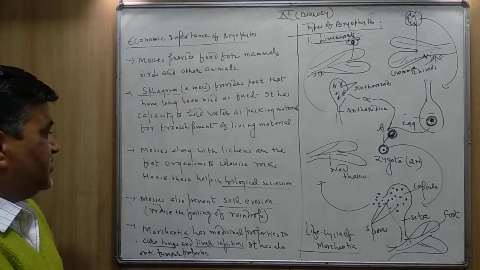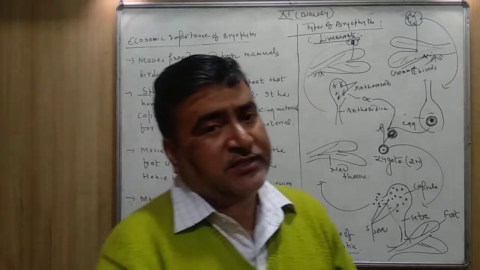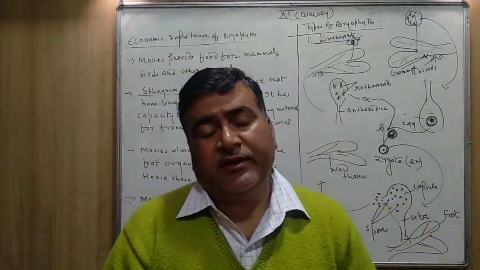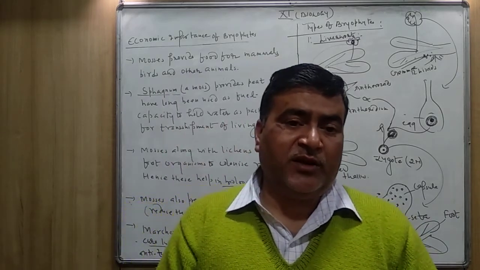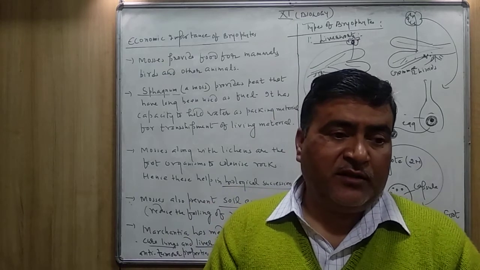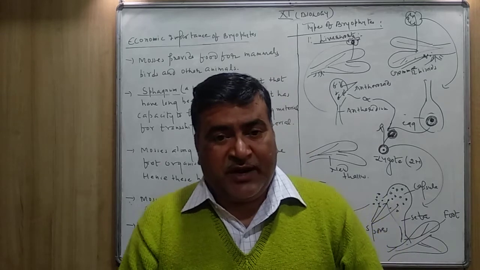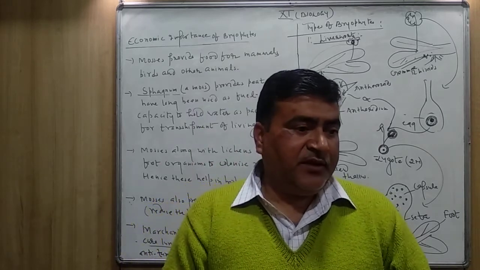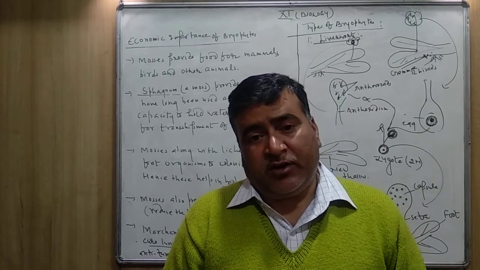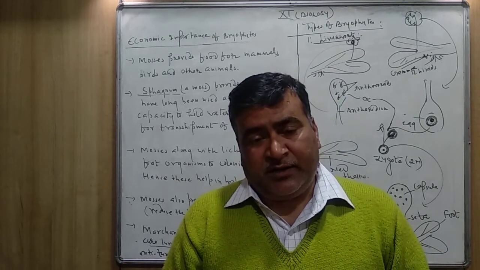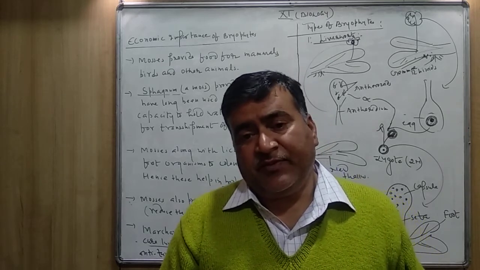Now, mosses also prevent soil erosion. How? As you know, soil erosion is the removal of the topsoil. In the forest, it has been observed that mosses generally grow on rocks, in moist and shady places.